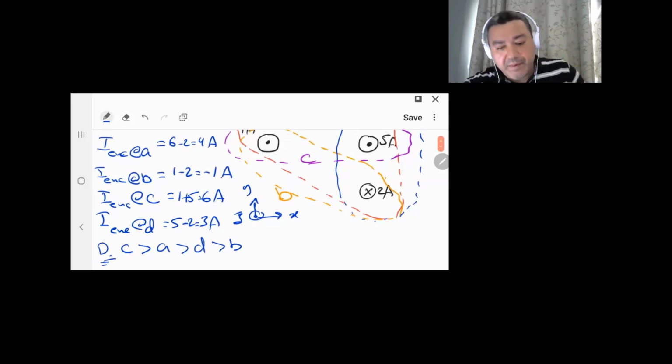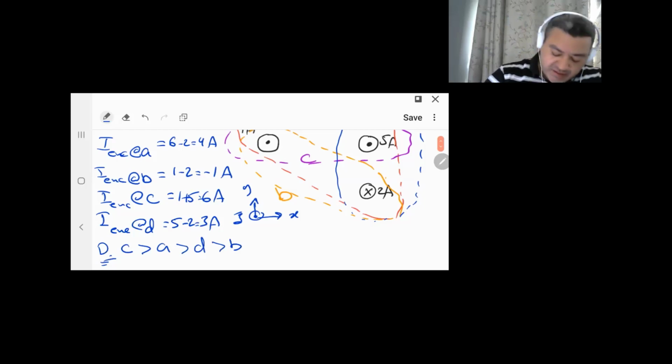So again, we have here B is the smallest, yes, because B is -1 and negative because it's pointing into the page.